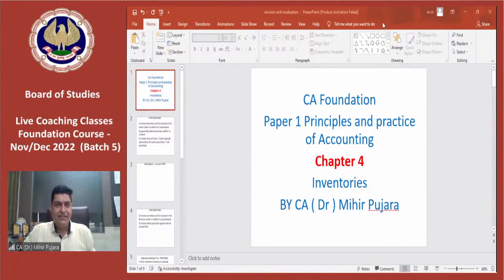Okay guys, very good morning to all of you. So, as we discussed in the last session, in this chapter the general weightage is around 6 to 8 marks, and they are asking questions about the valuation of inventory.